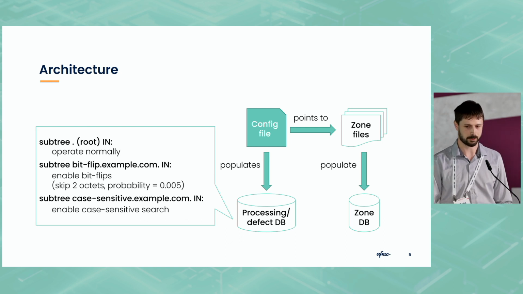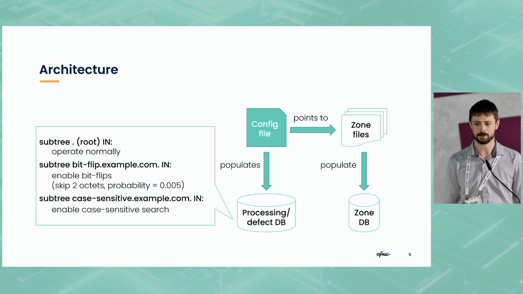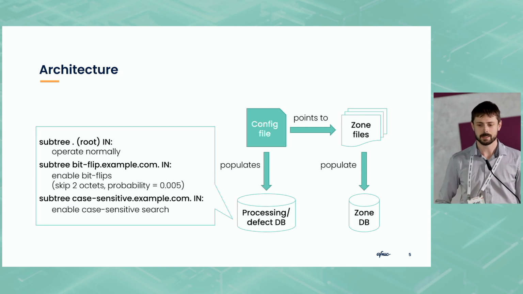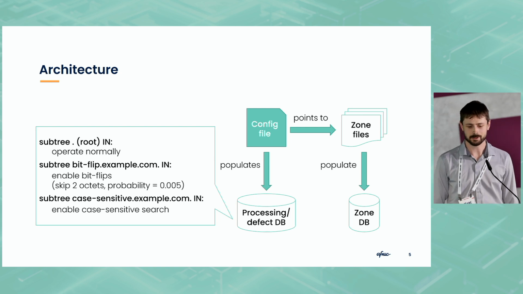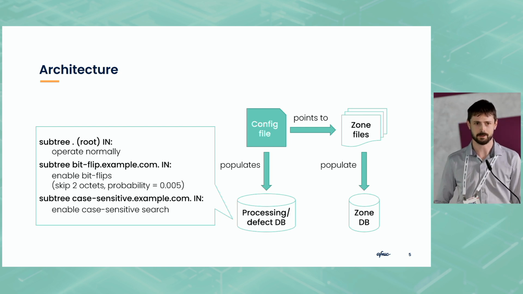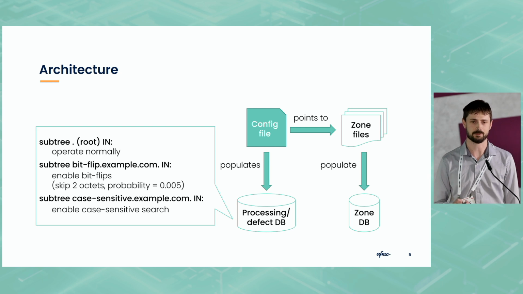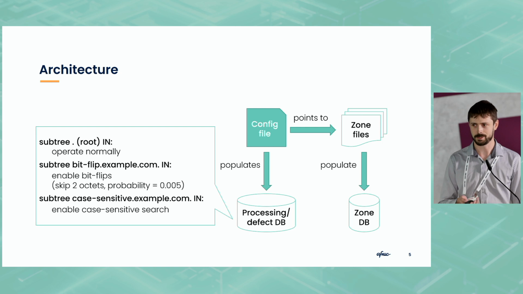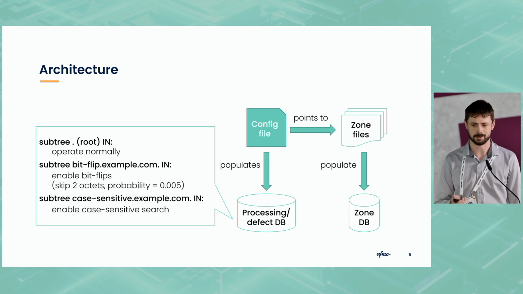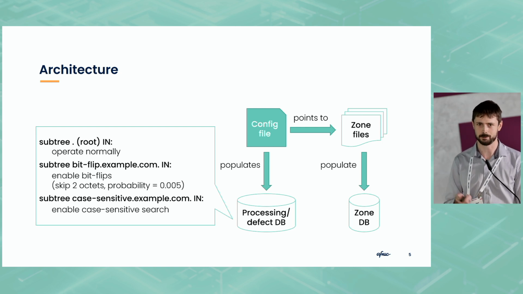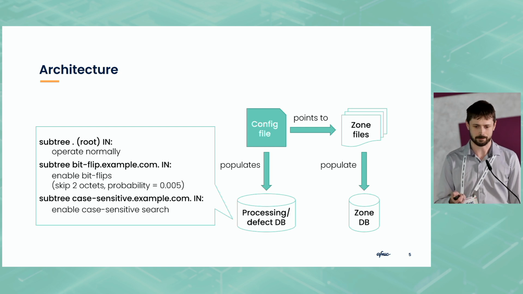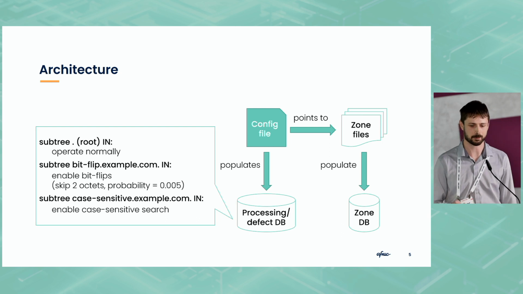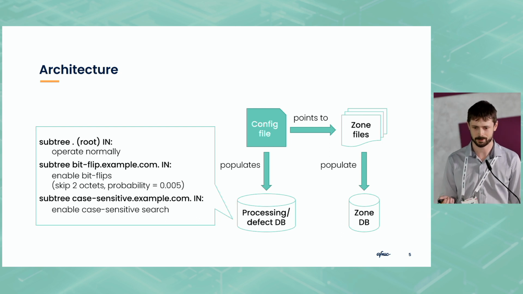This is done by a configuration file that both points to zone files, which are loaded into one database, the zone database, and also the same configuration file populates another database, which is independent from the zone database, in which some subtrees are given the order to, for example, have case-sensitive searches, or for some other subtree have random bit flips.